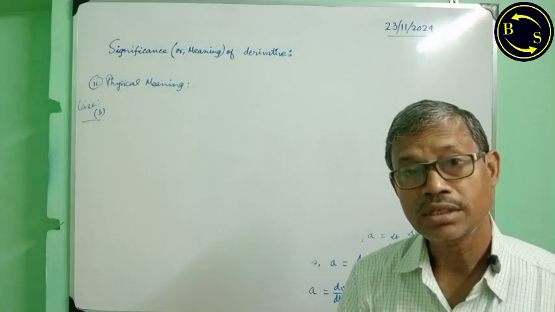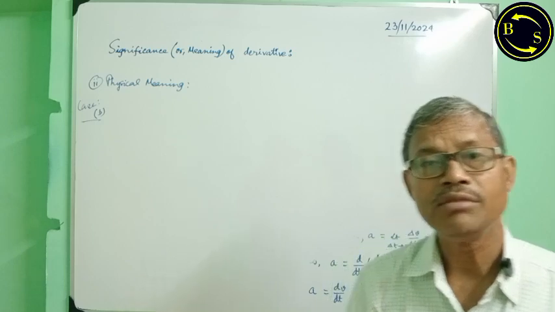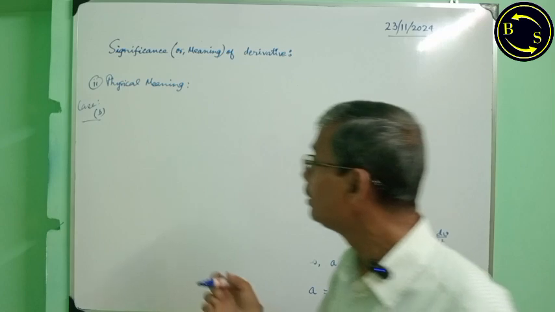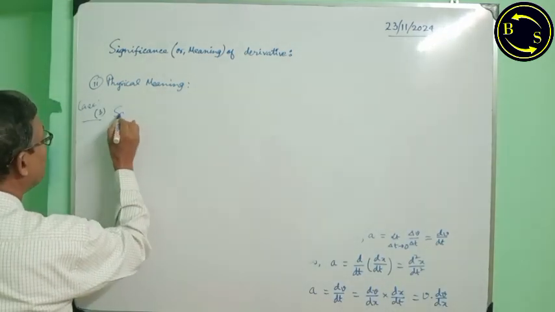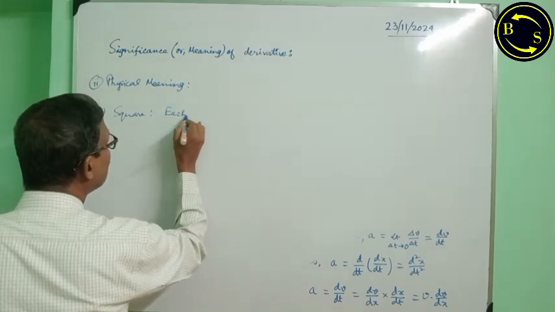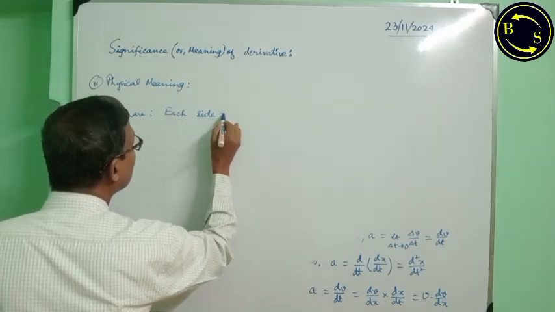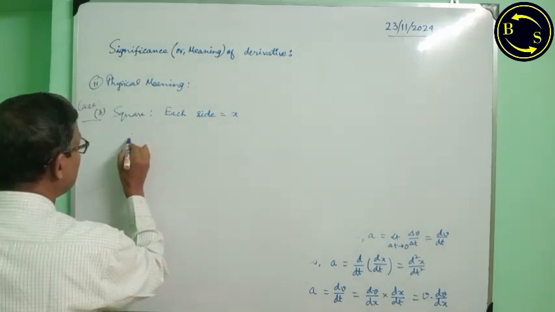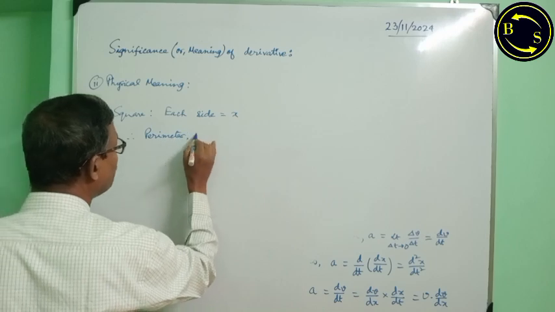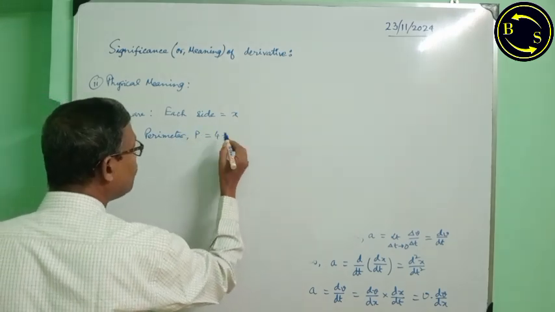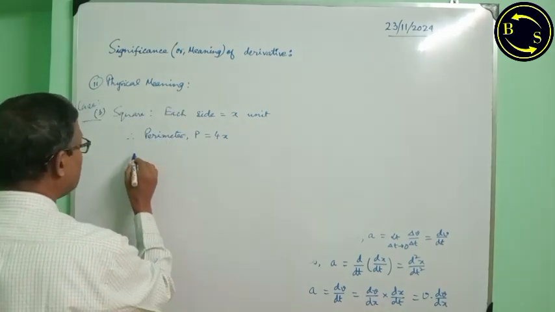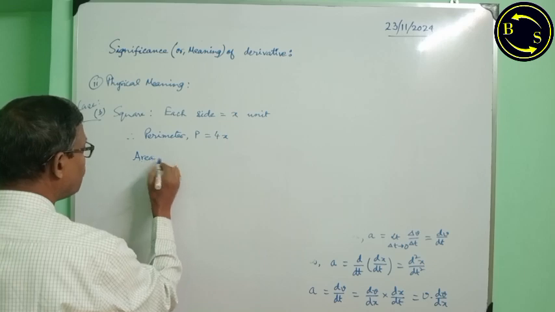When we consider square, let each side be x, therefore perimeter, unit, area.